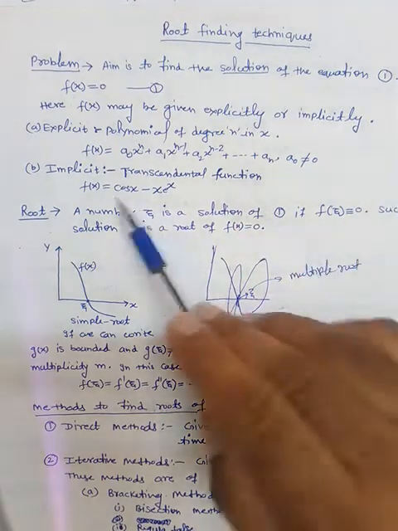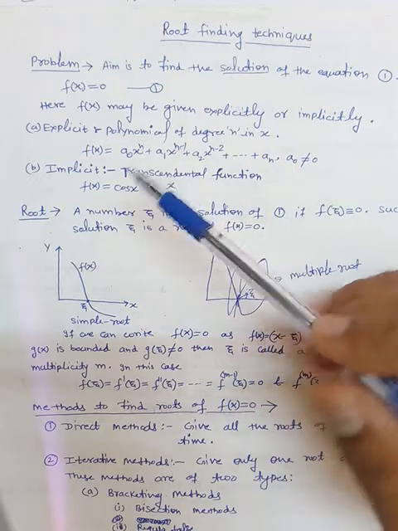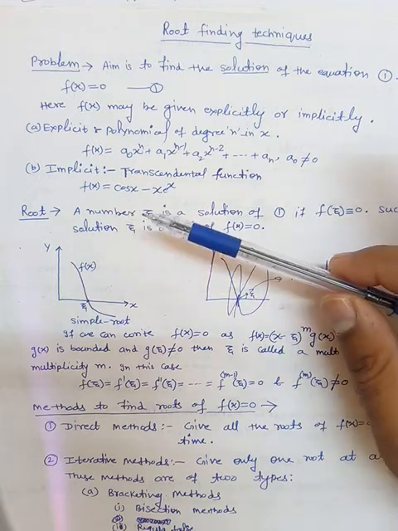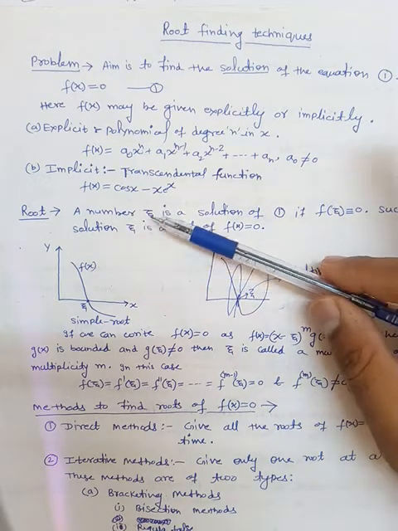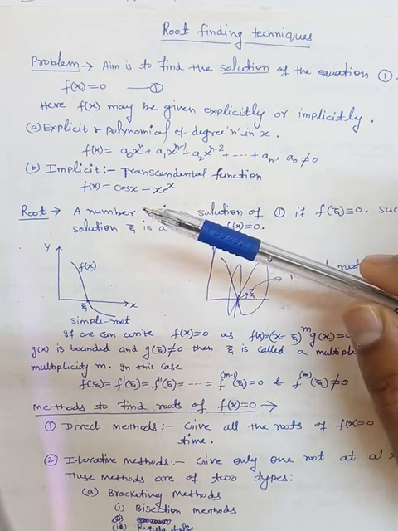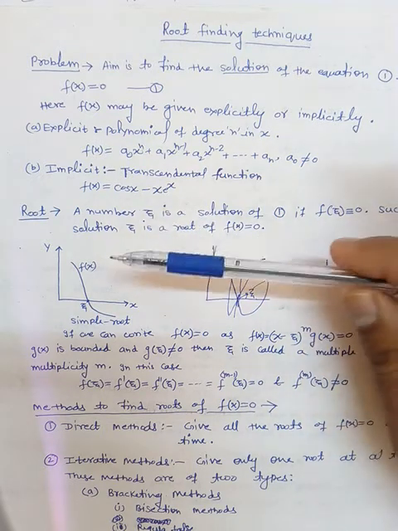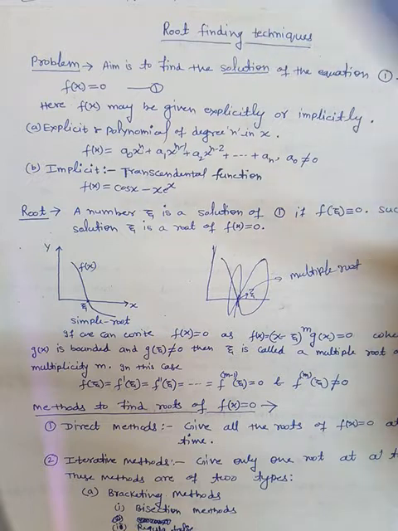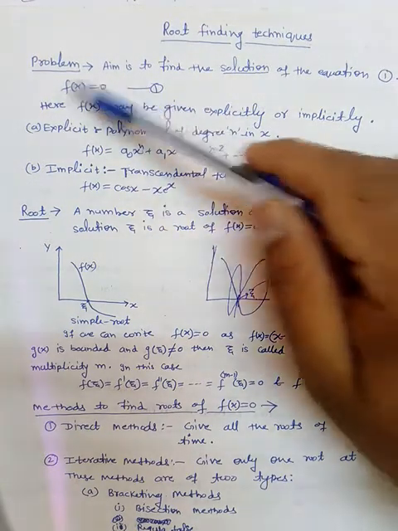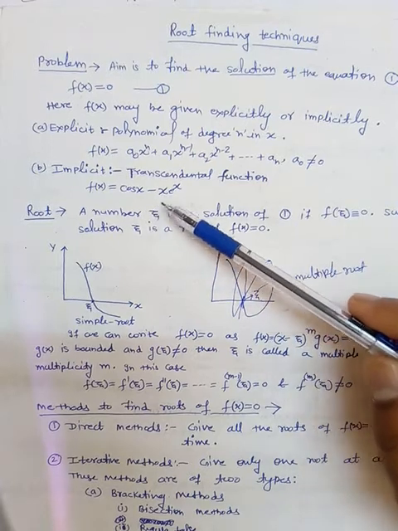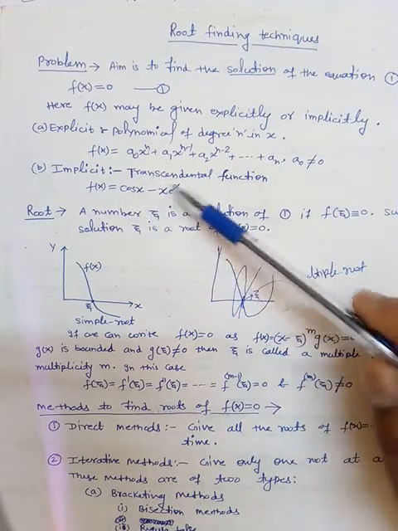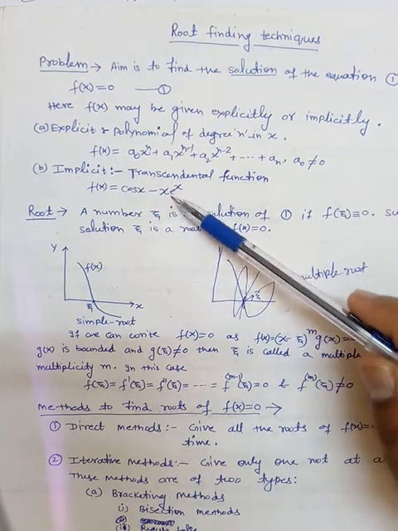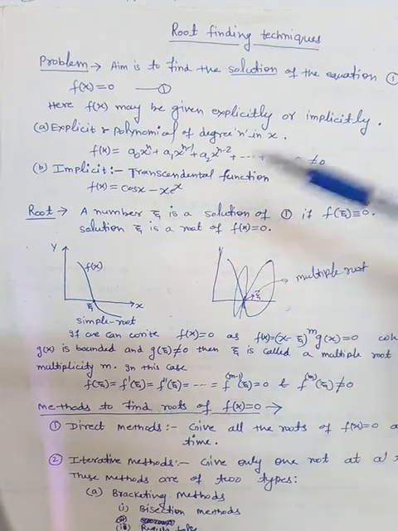Transcendental means a mixture of polynomial, exponential, trigonometric, logarithmic functions, etc. Whenever we have a mixture of these functions, the function is known as a transcendental function and the corresponding equation as a transcendental equation. Here f of x may be of this kind: cos x minus x e raised to the power x. This is not a polynomial; it is a mixture of cos x, a polynomial and an exponential function. So this is a transcendental function.